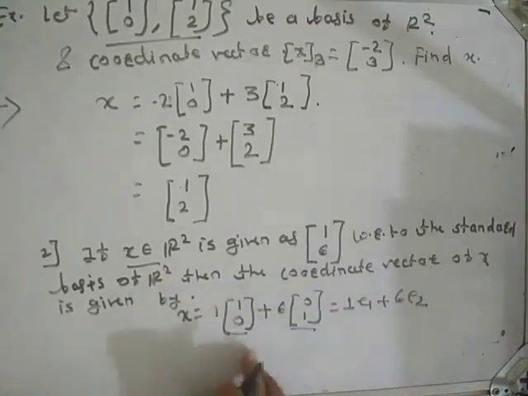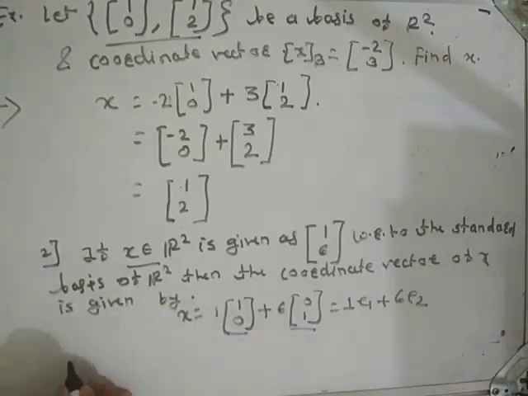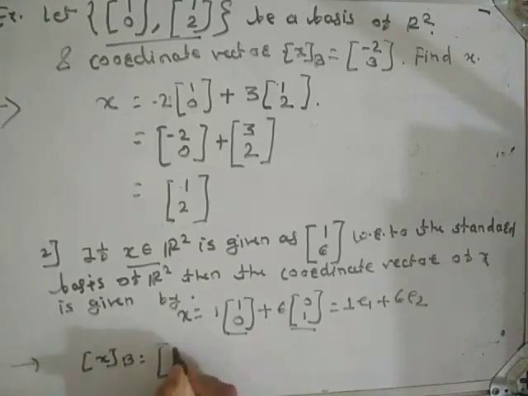These are the standard basis for R2. Okay. Solution: here, the coordinate vector of X relative to the basis B is matrix 1, 6. Okay.